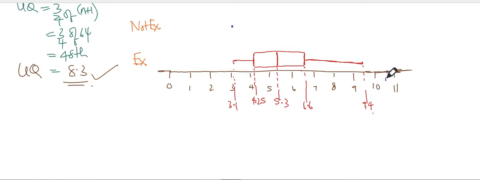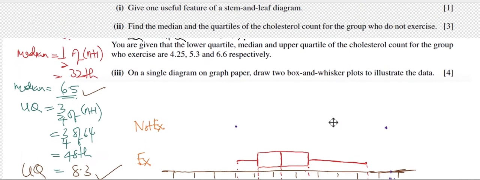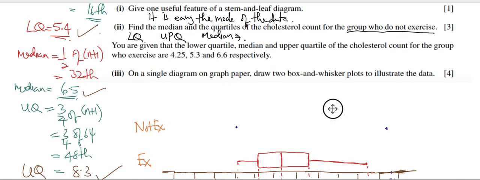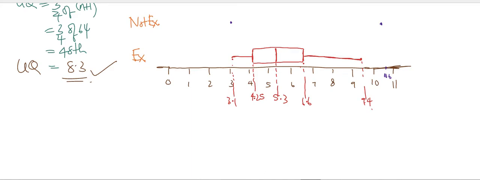So let's say that's 10.6. I'm going to draw a dot there. Then next I have lower quartile as 5.4. Okay, 5.4. That's 5.3. So 5.4 maybe somewhere here. Okay, cannot be the same. Make sure it's slightly off then, yeah.